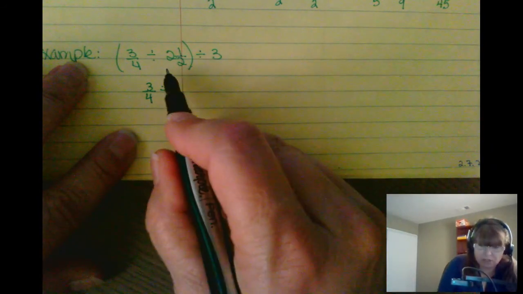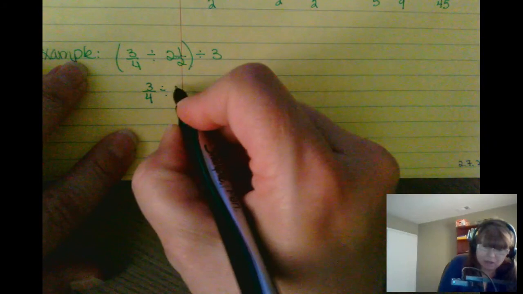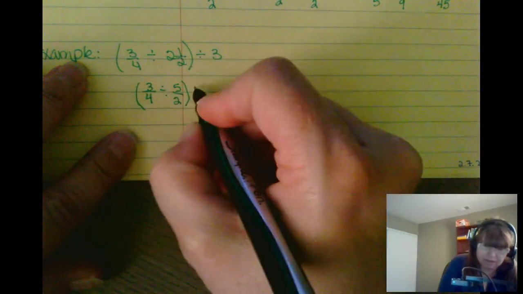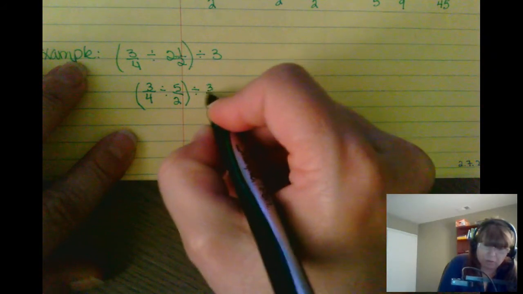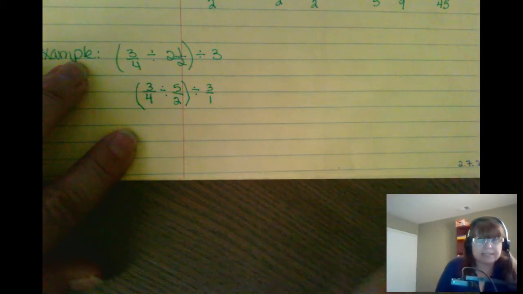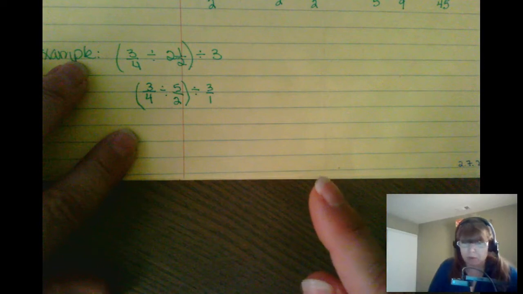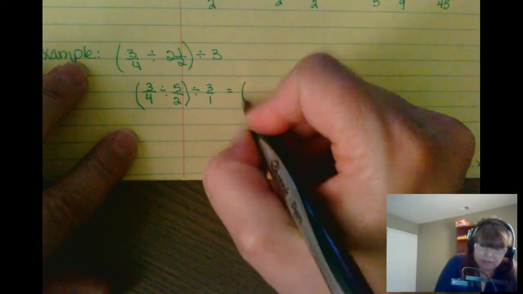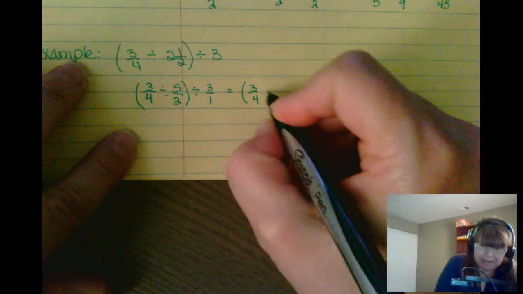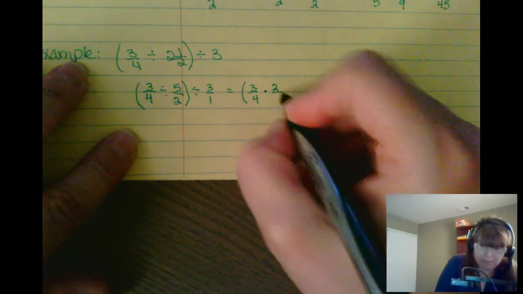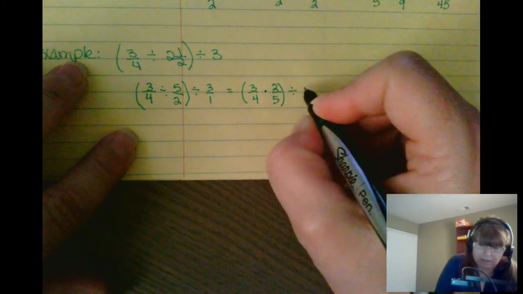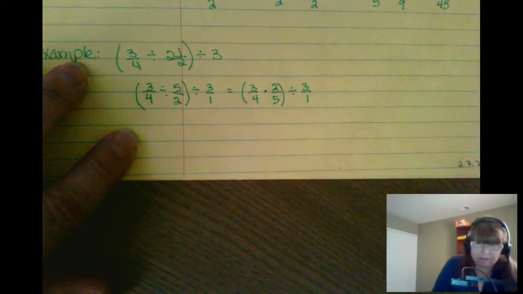Well, 2 times 2 is 4, plus 1 will be 5/2, divided by 3 over 1. All right, let's take care of the parentheses first. You have to remember your order of operation. 3/4 times the reciprocal of 5/2, which is 2/5, all divided by 3 over 1.